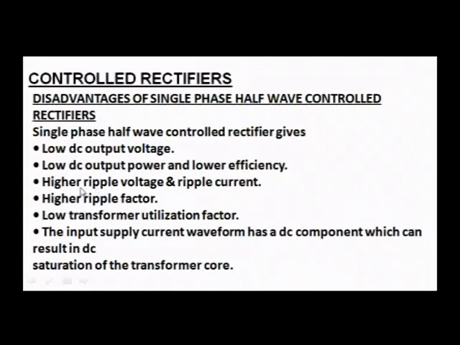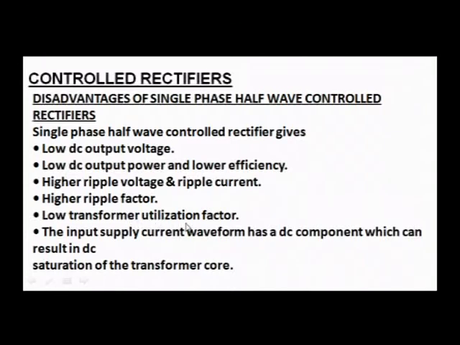That is why I call it higher ripple voltage and ripple current, which is unwanted, which means again a higher ripple factor. I do not want the amount of AC present in DC, because I want my output to be only DC. And lower transformer utilization factor. I can even make use of it in transformer coupled circuits, I told you.